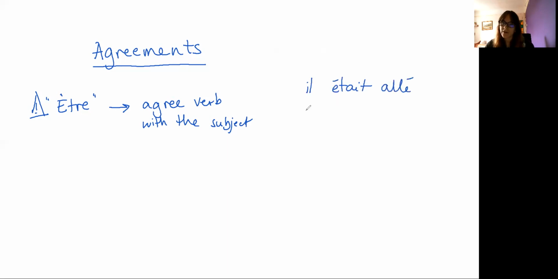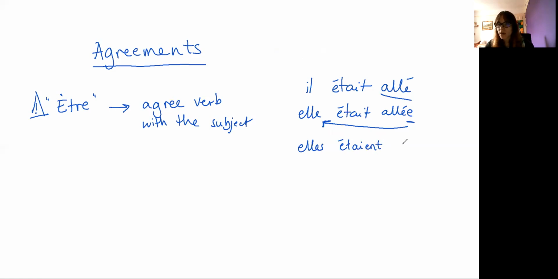Right, doesn't do anything, but then elle était allée, agreeing the verb with the she, adding an e here, because she's feminine. Same here if we had elles, as in many girls, elles étaient, here the auxiliary is in the they form, and then elles étaient allées, you add e and s because they are feminine and there are more than one. Right, so same agreement rules as in the perfect tense.